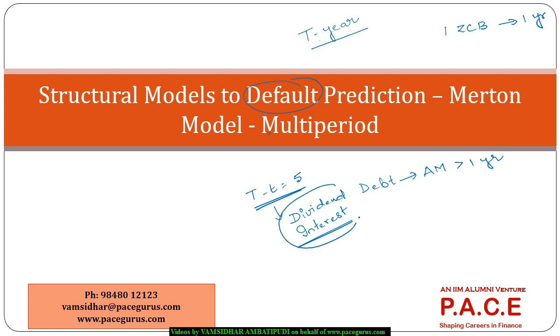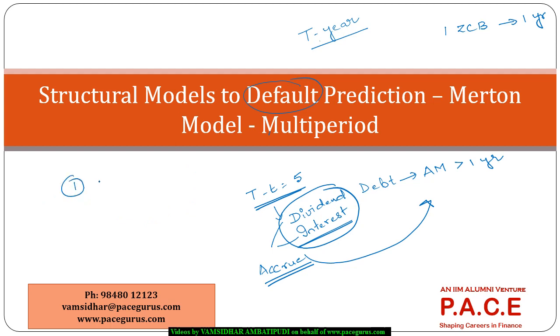It is better to take them into consideration before computing the entire thing, which means it is better that I accrue both the dividend as well as the interest to the final maturity date. So here there are a few assumptions that we are making.